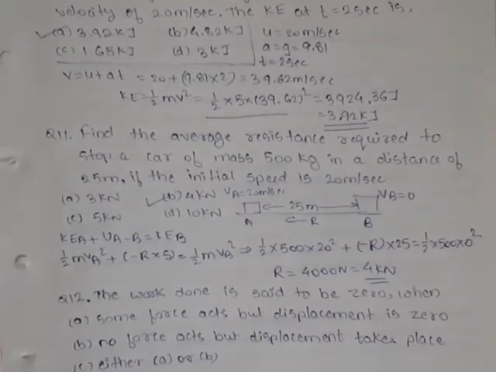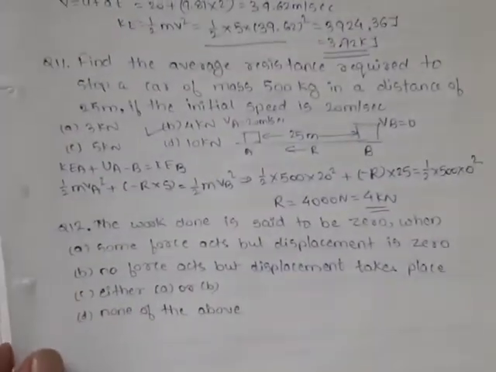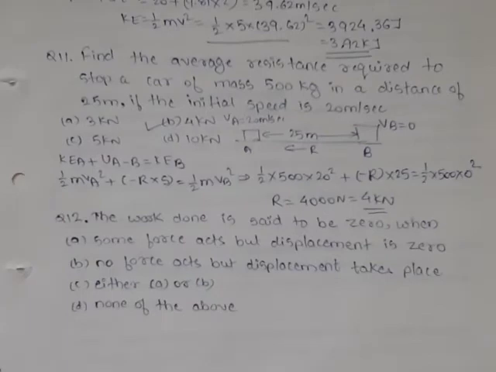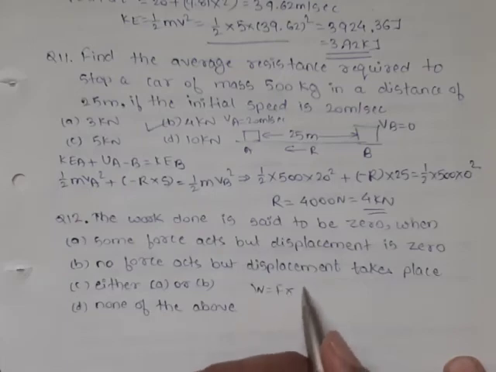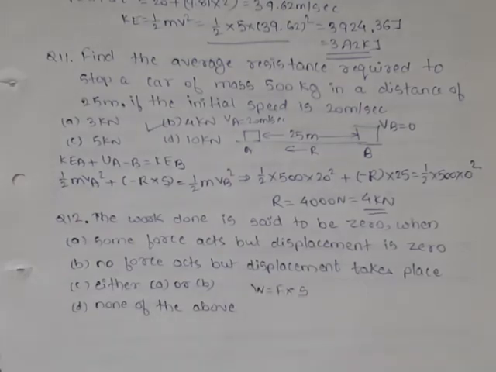Now question 12, the work done is said to be 0 when? So work done is a product of force into displacement. So work done will be 0 when either of the values is 0, meaning either force is 0, or in the second case, if displacement is 0 and force is acting, then also work done can be equal to 0.